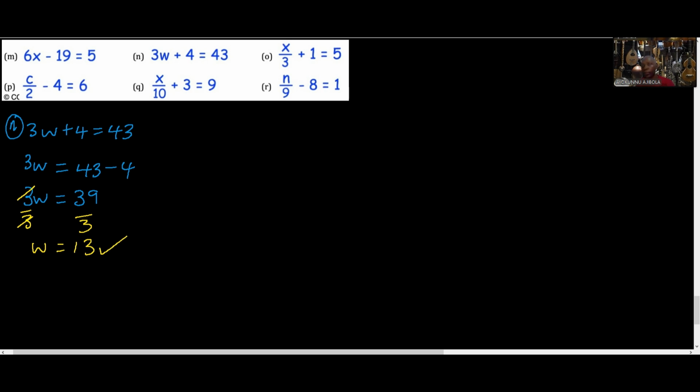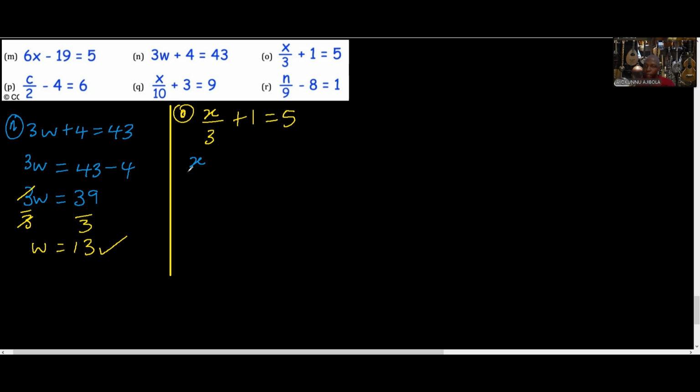Then the next one, which is option O. This option O says x over 3 plus 1 equal to 5. This is why I want to solve this, so that when you encounter it, it's a fraction, but there's no big deal with this. The same method. Just take the 1 out.